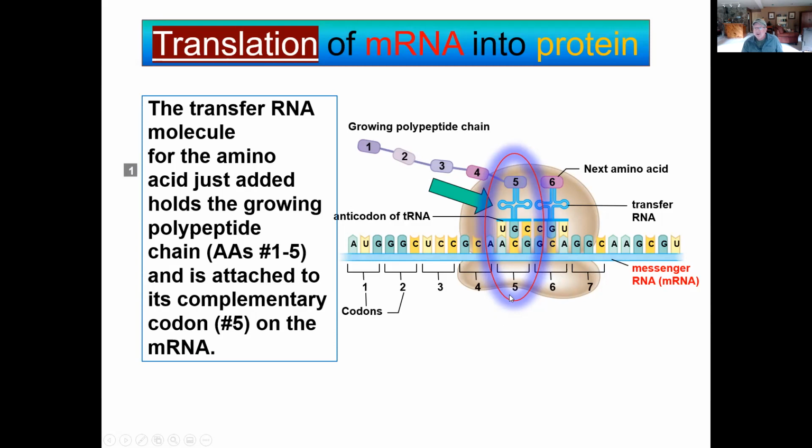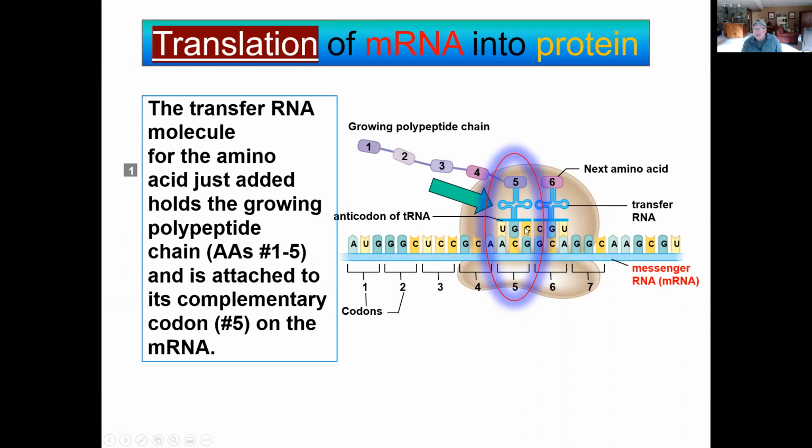But what I want you to center your attention on here is the codons in the messenger RNA. We already talked about what those are, the linear sequence of 3 bases. Notice this codon number 5, ACG. This part of the transfer RNA is called the anticodon.